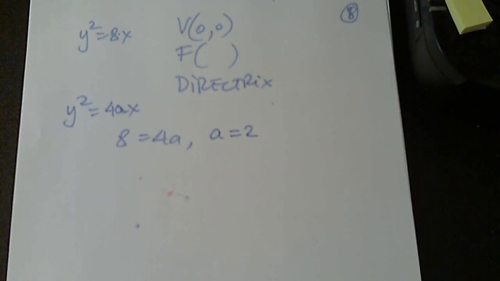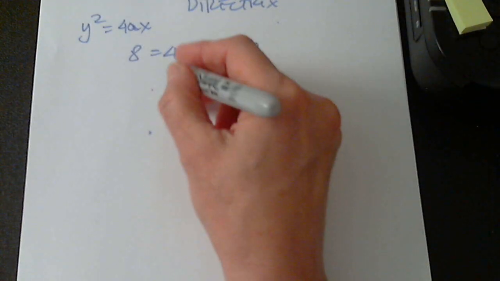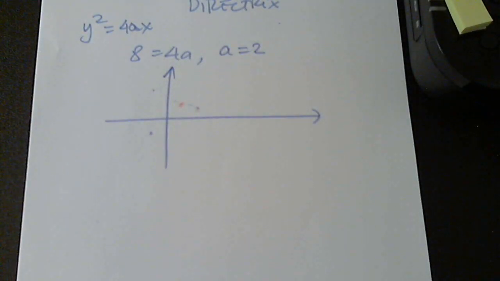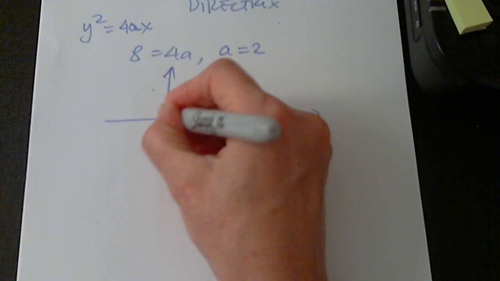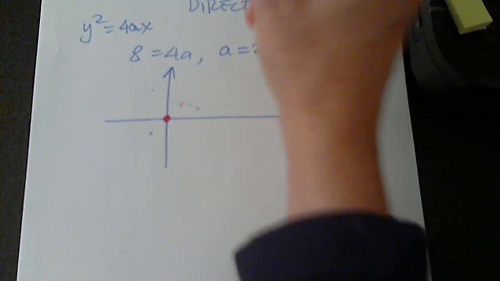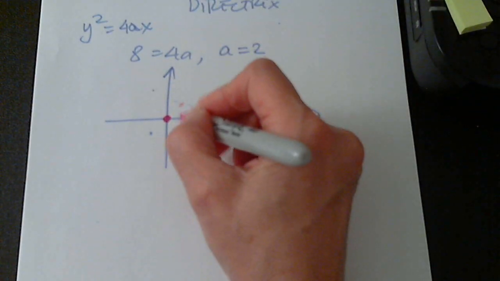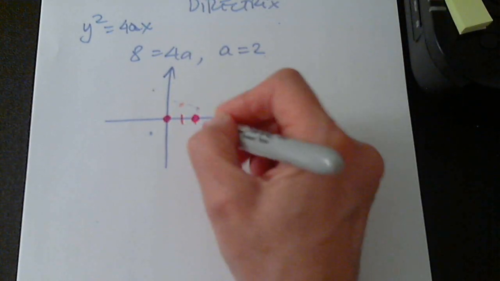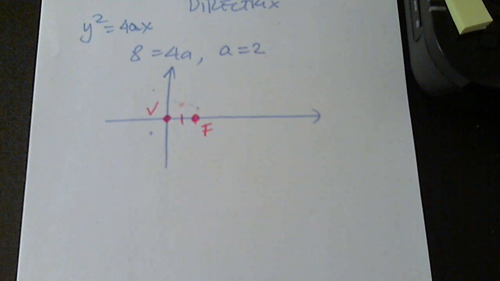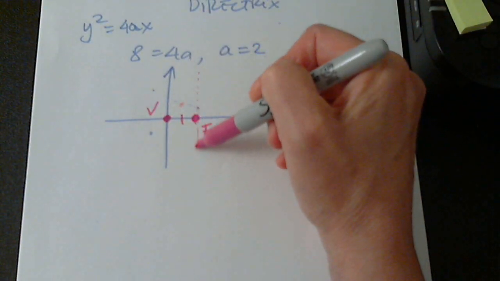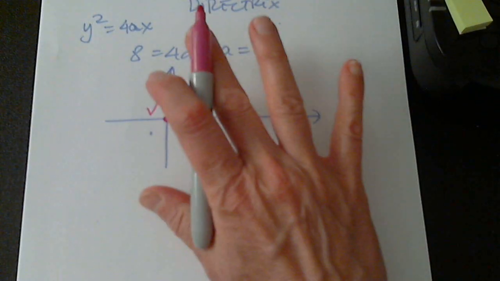What does this mean? Here's the vertex. Here is (2, 0), which is the focus. Vertex, focus, (2, 0). And now, when x is 2, this is not the directrix.